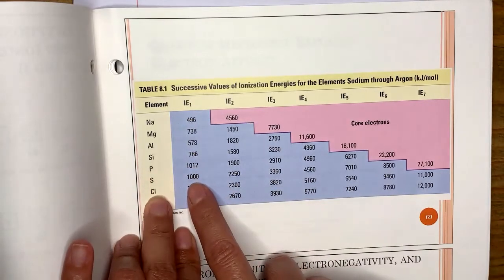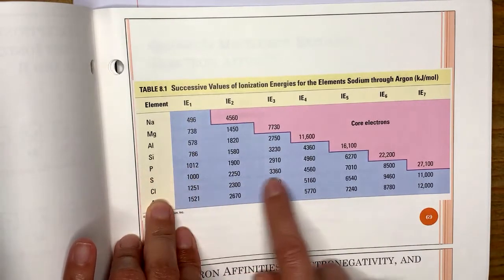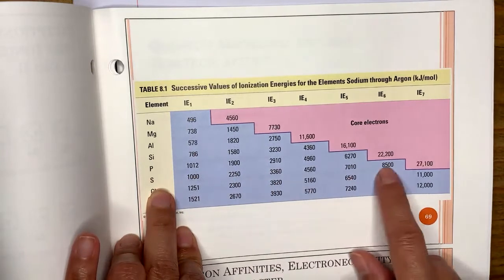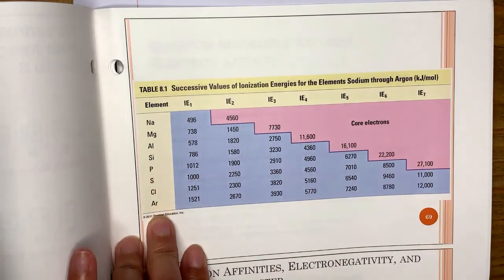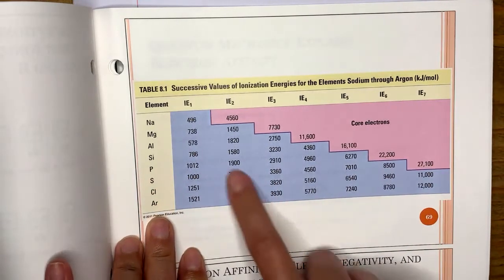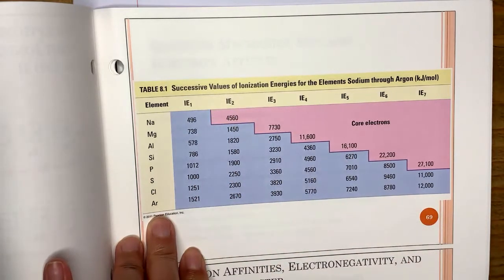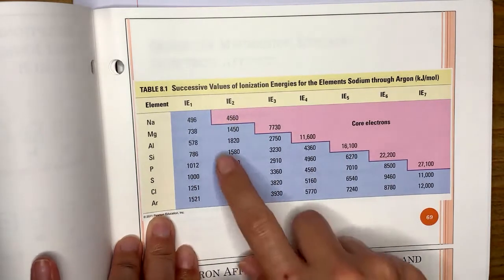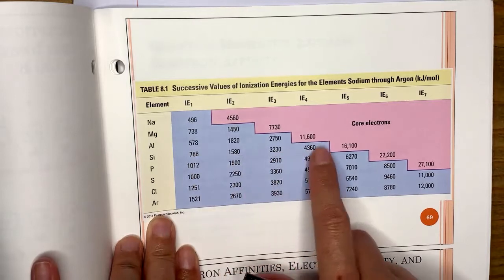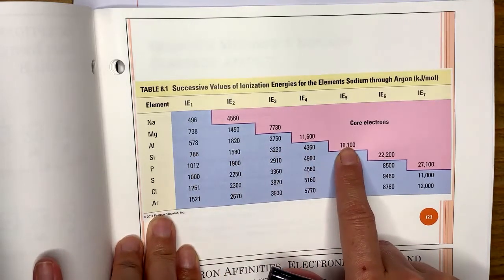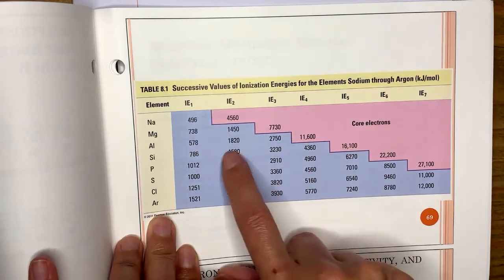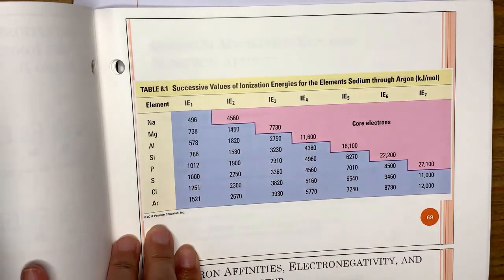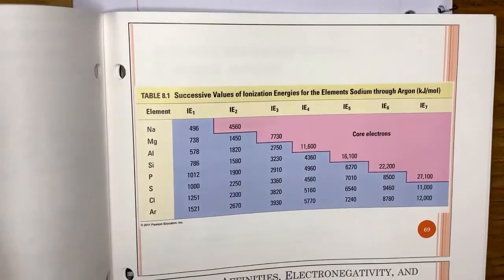Group 6, you do 6, and then the 7th one is really hard. So they show you a trend: first one small, and then bigger, and bigger, and then boom, super big. Then I'll ask you, based on this, what group is this in? Well, it has 4 valence, so it must be in group 4. That's the kind of question you'll be expecting to see.